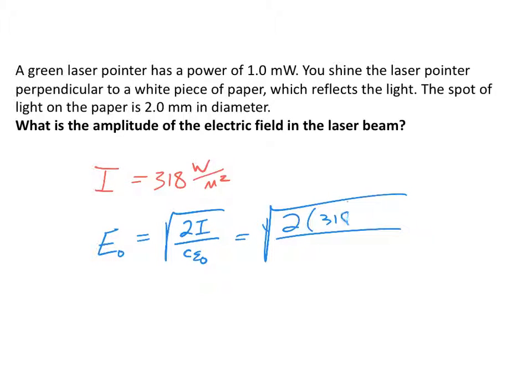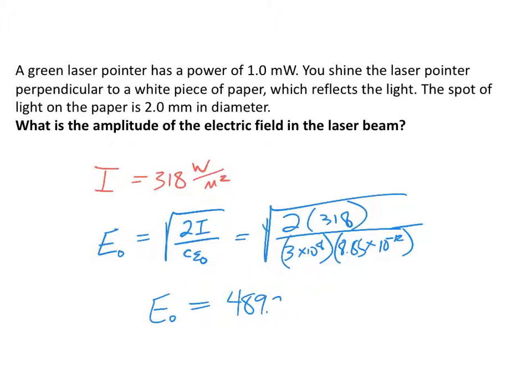2 times 318, I'll leave the units off because they won't matter. That's 8.85 times 10 to the minus 12, so the electric field amplitude ends up being 489.7 volts per meter.